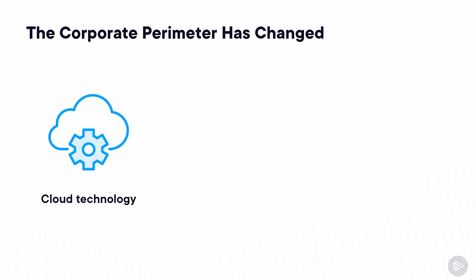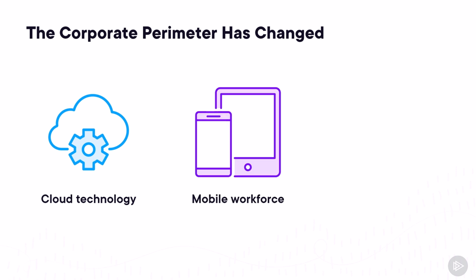That might have worked a long time ago, but with today's modern workforce, the corporate perimeter has changed. We now have things such as cloud technology, which is accessed from the internet from anywhere around the world with all sorts of devices, as people now don't only work from desktop PCs, they work from tablets, laptops, and smartphones, from anywhere in the world, even in a train, a plane, or a hotel.